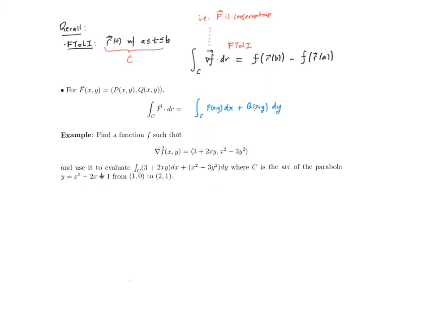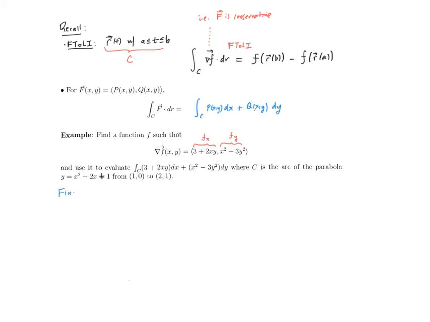For the first part of this question, in order to determine this function little f we would like to find, we need the first entry of the gradient vector to be the partial with respect to x, and the second to be the partial with respect to y.